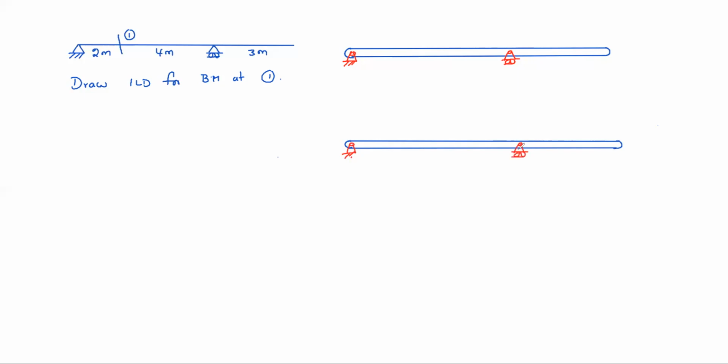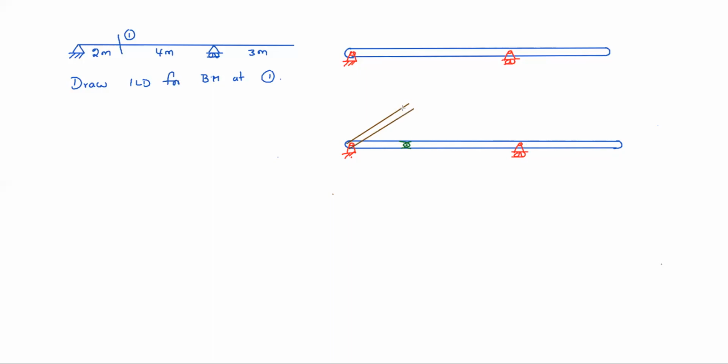Now we need to make an internal hinge like this. After giving that internal hinge, try to lift, rotate left side anti-clockwise, right side clockwise. Then what kind of shape does it take? It should not be dislocated at B.